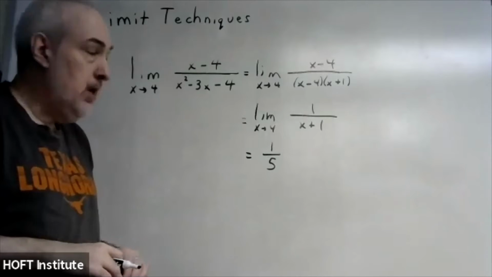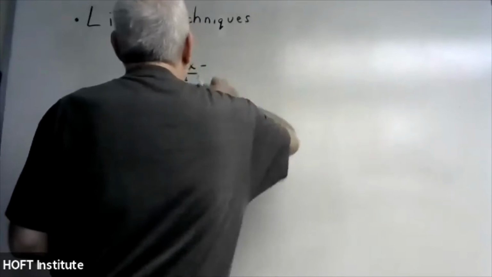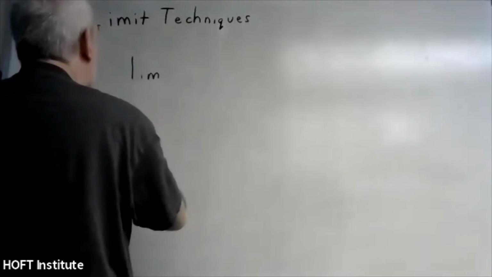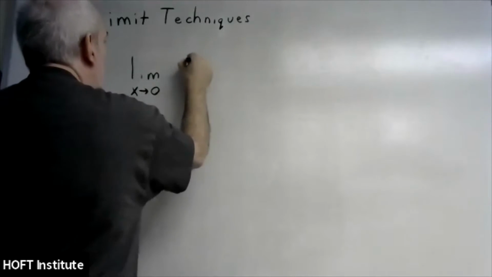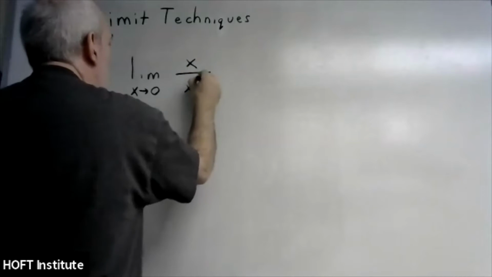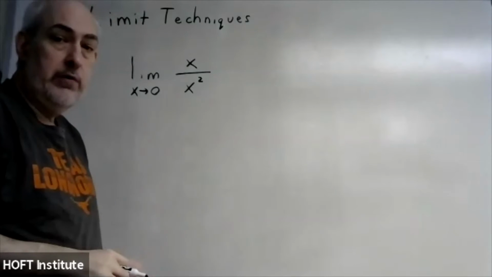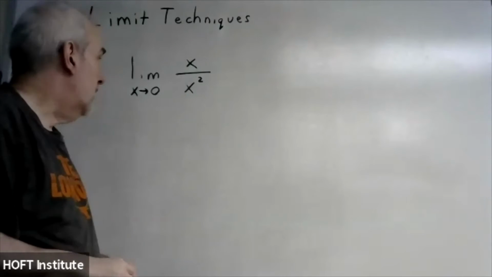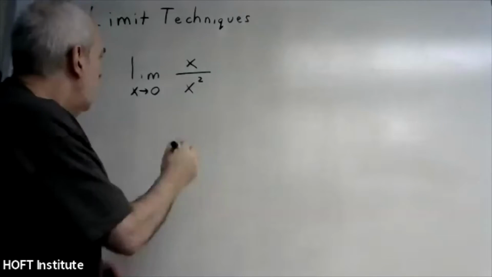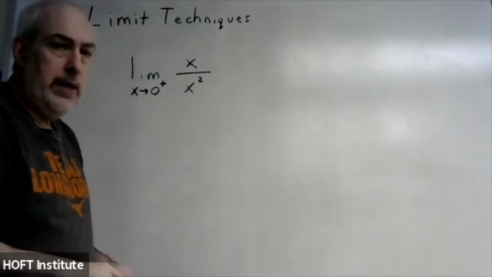Okay? Let's look at another 0 over 0 problem. And this one's going to be a lot simpler. Okay, what if we had the limit as x approaches 0 of x over x squared? Okay. Actually, I'm going to restrict that and make it limit as x approaches 0 from the right.